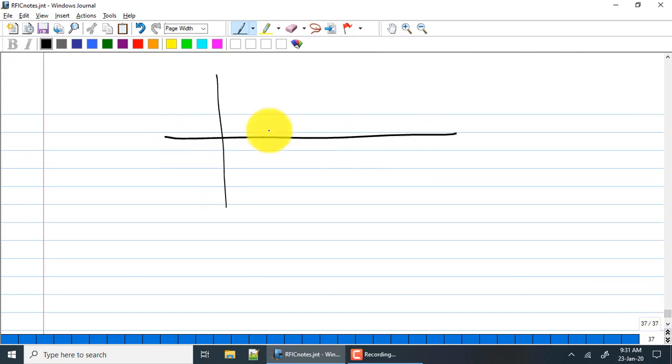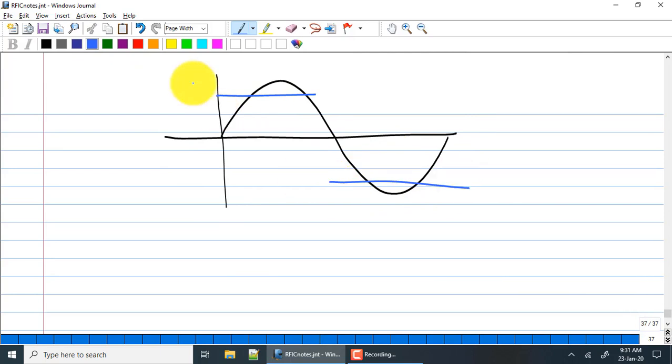If I gave you a sinusoid, this was the original sinusoid, but suppose I clip the top by a certain amount, and this is your new signal. Is it still a periodic signal? It is, right? So clearly the fundamental component changes, but it turns out that this system has higher second order and third order components also.